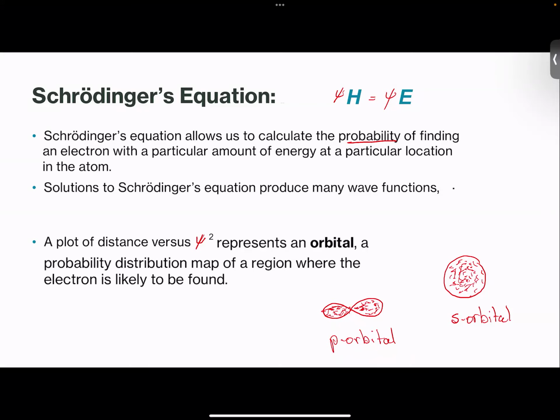The results of that calculation give 3 quantum numbers.